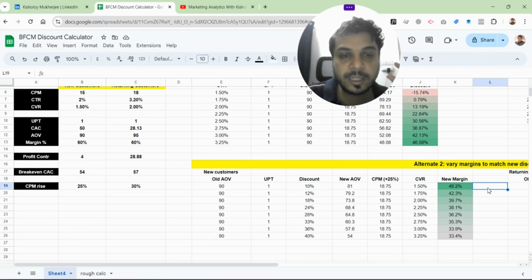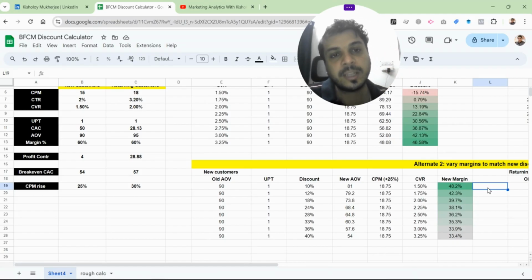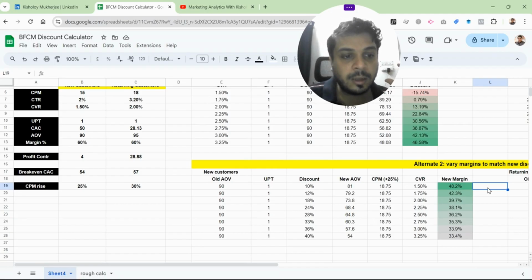And this will be a very interesting exercise, because then you will be able to see, okay, let's consider that the conversion rate remains constant. Then how much can I vary my discount rate? And based on that, how much would I have to change my margin? What altered margin would I have to operate in? So that would also be one of the more realistic cases, right?